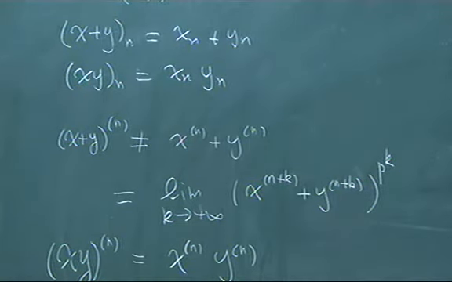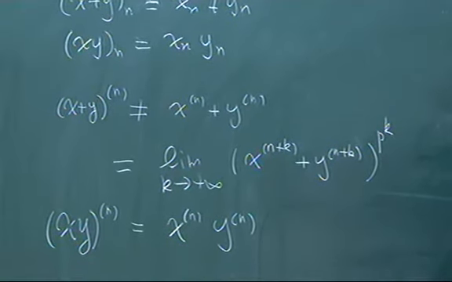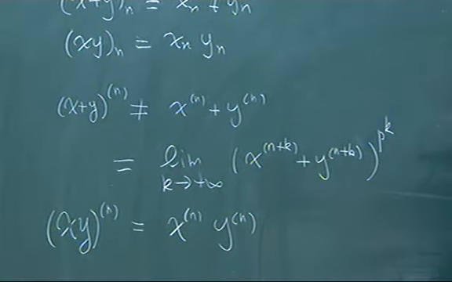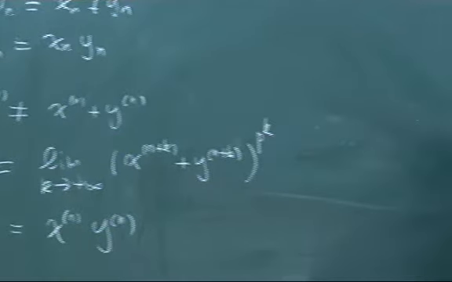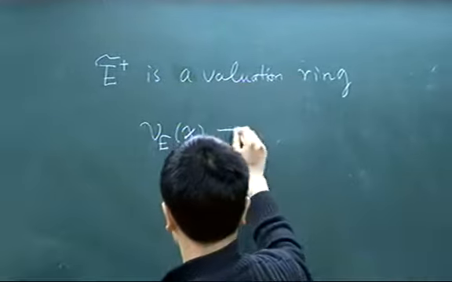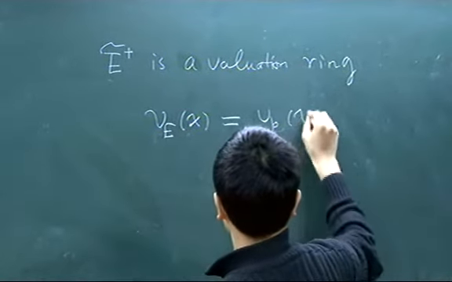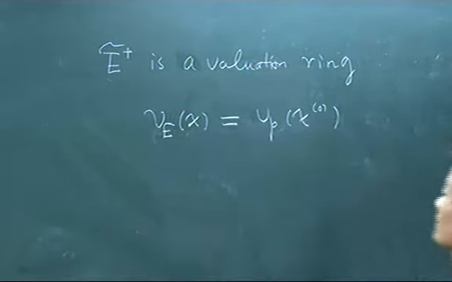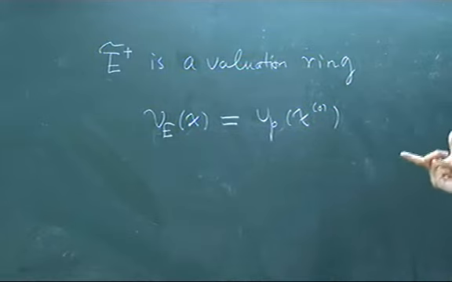Now having this, what we know is E tilde is a valuation ring. What is the valuation? The valuation is v(x) = v_p(x_0). You can check it's a valuation, and then you get a valuation ring. But this valuation is not discrete.